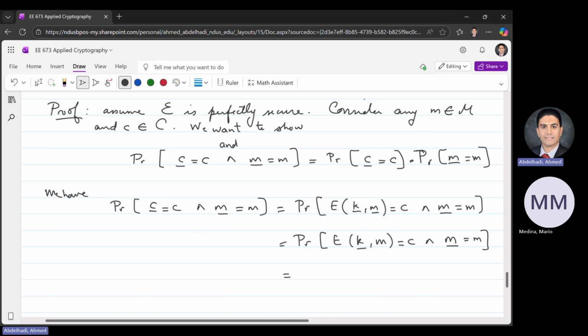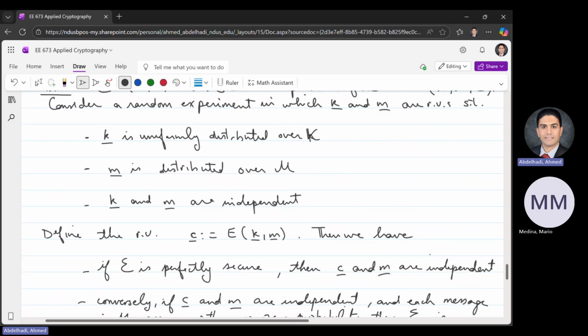Independent. It's given, right? I choose the key to be independent of the message. I want to show that the message is independent of the cipher, but initially I'm choosing the key totally independent from the message.